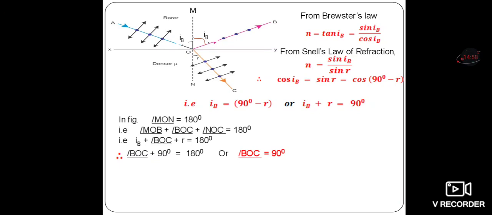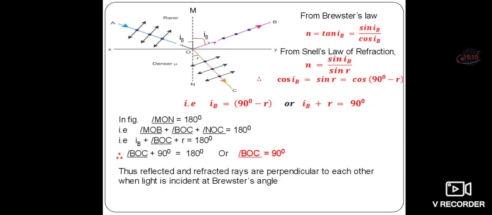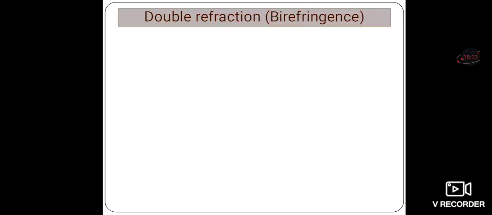BO is the reflected ray and OC is the refracted ray, so the angle between them is 90 degrees, as we got according to Brewster's law. Thus, the reflected and refracted rays are perpendicular to each other when light is incident at the Brewster's angle. So this is regarding the Brewster's angle.